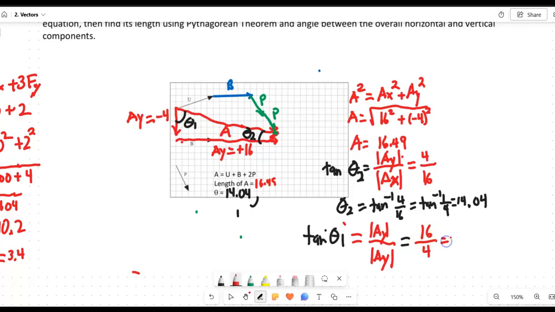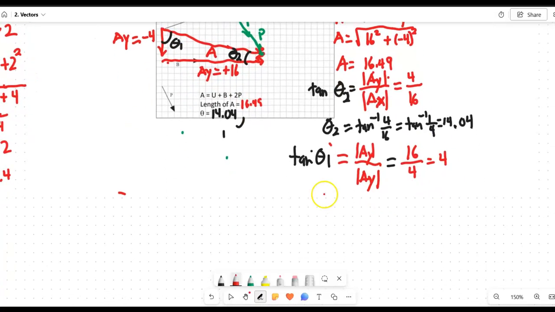So this is just going to be equal to 4. So theta 1 is going to be equal to the inverse tangent of 4. So let's figure out what that is.